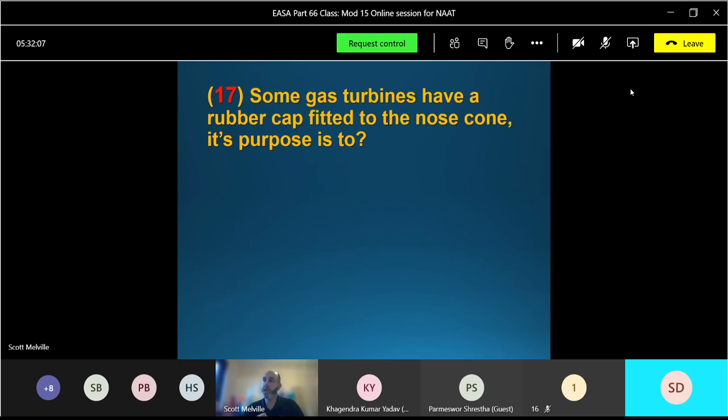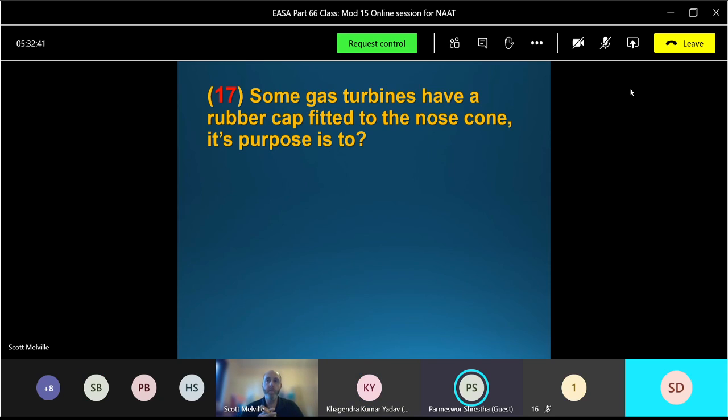Some gas turbines have a rubber cap fitted to the nose cone, and its purpose is to do what? To circulate the air. No. Remember the little pointy rubber cap on the nose cone? Slightly off centre. Very simple.